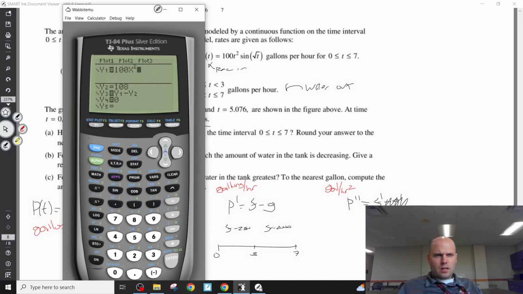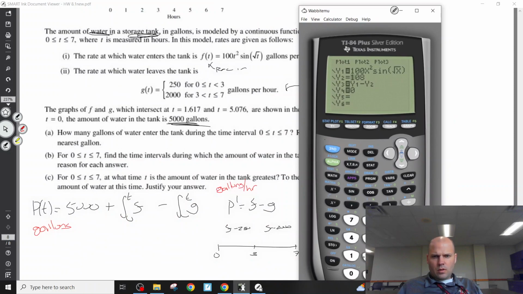Rate in. Rate out, which is 250 from 0 to 3.